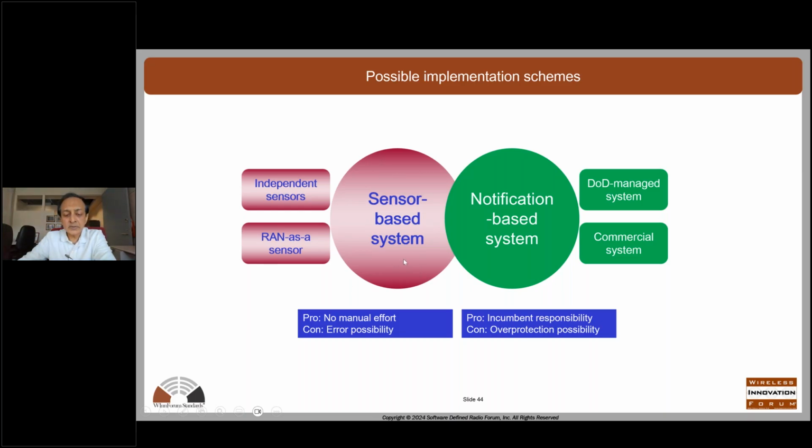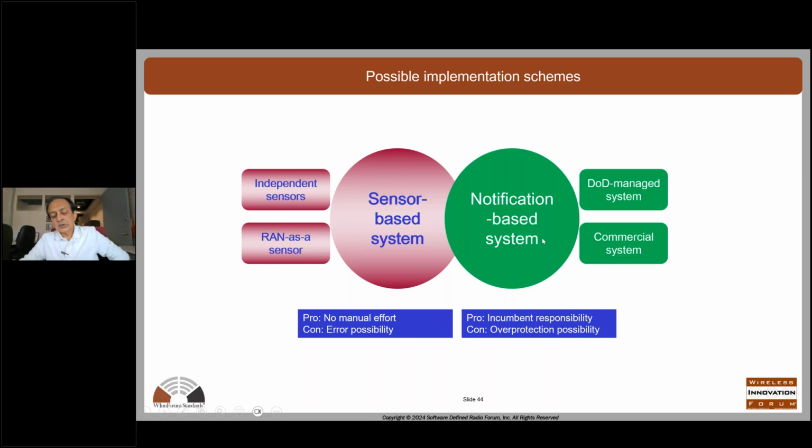The con side is that there could be a possibility of error, and errors could be both positive or negative, meaning the sensor could be detecting some radar activity when actually there is none, and taking off the commercial system when there is no need. Also, it could be missing a radar system. So all those possible glitches have to be worked out with thorough testing and so on and so forth.